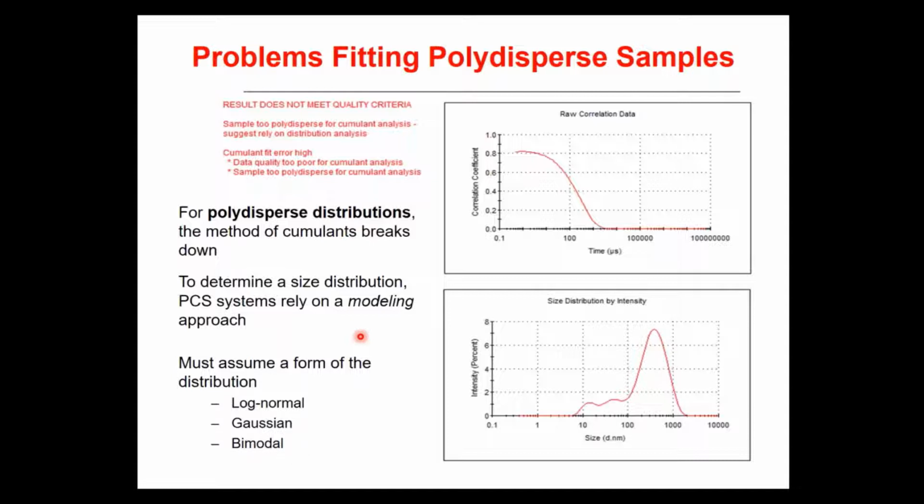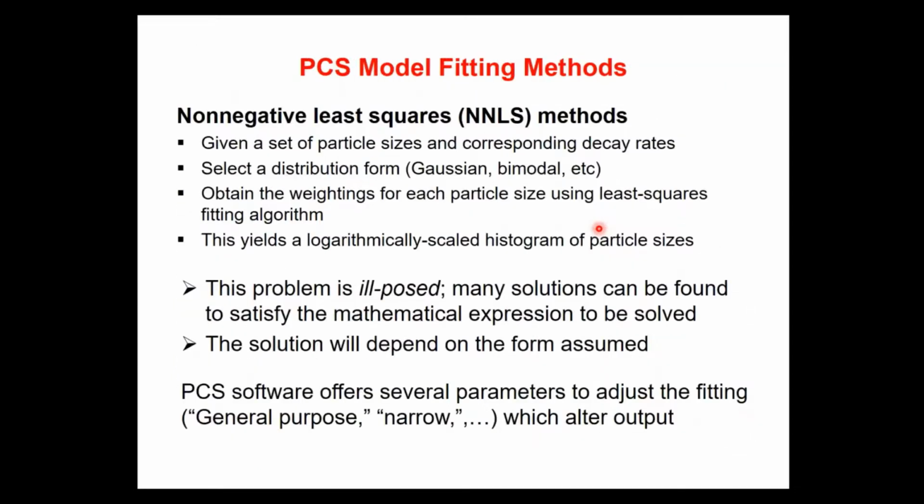But these are models that are resident in the PCS software, which we can then use to try to fit the observed autocorrelation decay with particle sizes that we know about. The most common way of doing this is a class of methods called non-negative least squares fitting methods. And there's a number of very sophisticated fitting processes that have been developed over the years and are found in most commercial software for PCS devices.